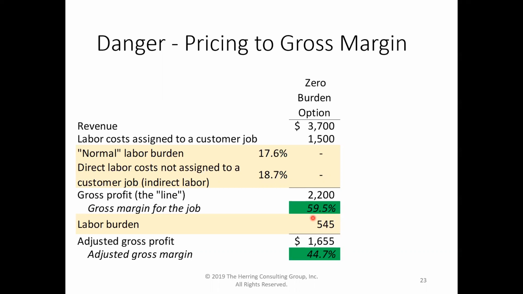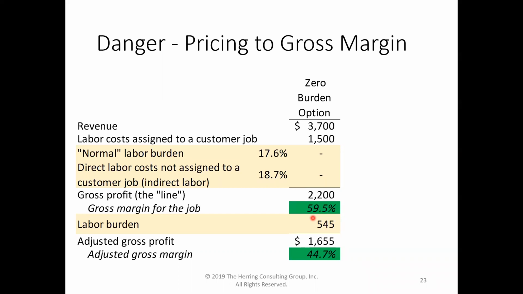So in this case, revenue is $3,700. The direct labor wage cost of the people assigned to the job are $1,500. They have no normal labor burden. That'd be like payroll taxes, workers' comp, overtime premium, kind of a normal labor burden. They have it at zero above the line, above the gross profit line in their direct costs, zero.